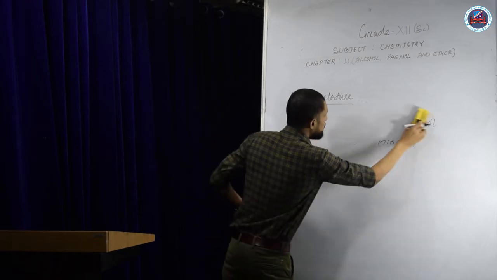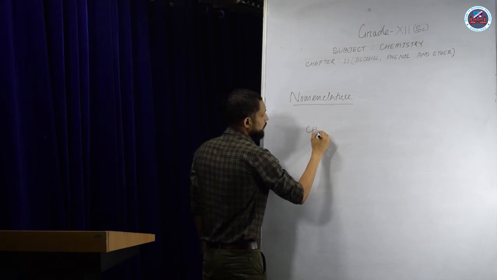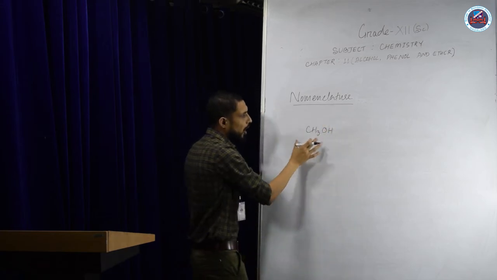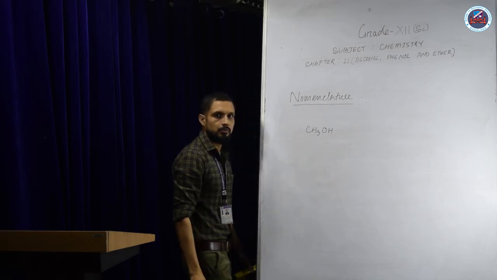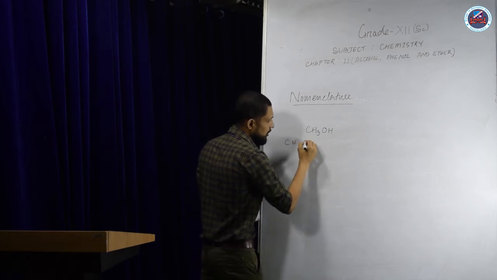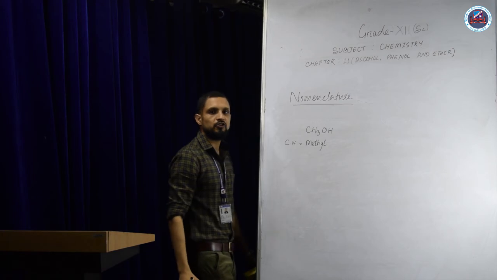Let us take some examples. CH3OH. So in this compound of alcohol, you have only one carbon. So the common name is methyl. Since you have one carbon, the alkyl name is methyl.